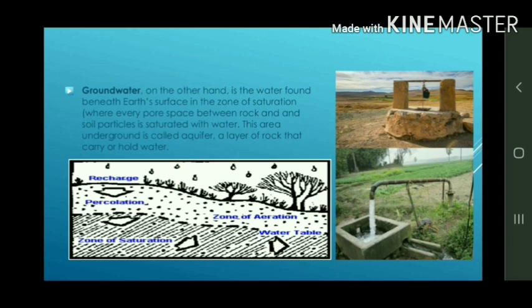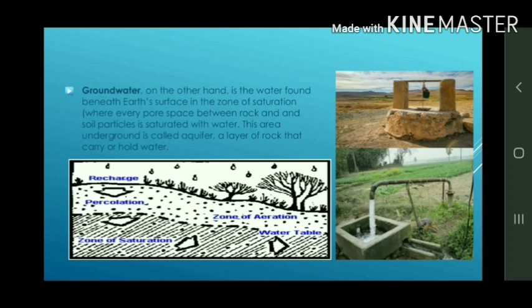So as you can see in our image, at the left portion, we have the recharge of water. If there is rain, the water percolates to the ground, and every pore space between the rock and the soil particles is saturated with water.